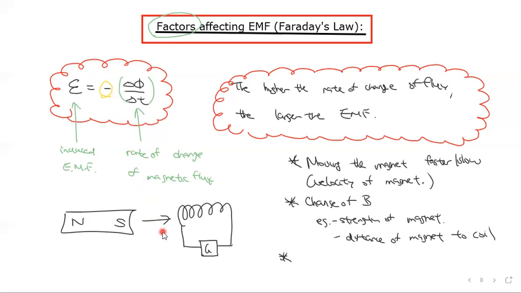So what we're saying then is that the number of turns of the coil can also affect the EMF because it will affect the rate of change of flux. So you've got how quickly the magnet's moving, and you've also got the distance of the magnet from the coil.